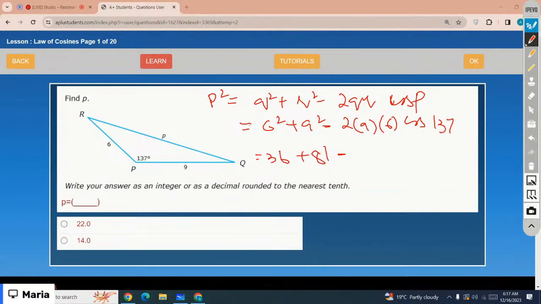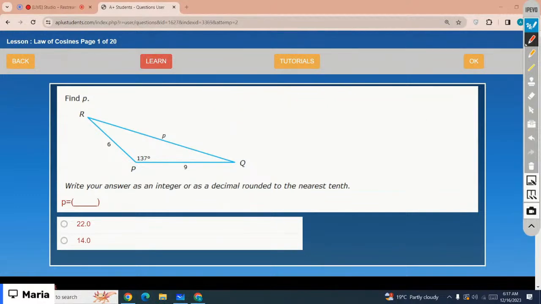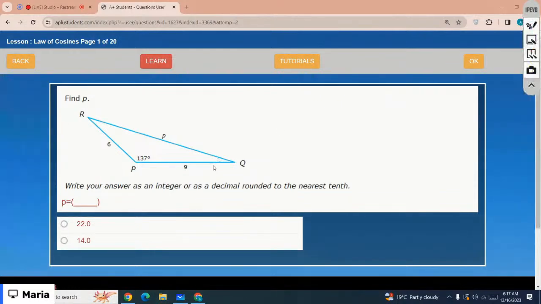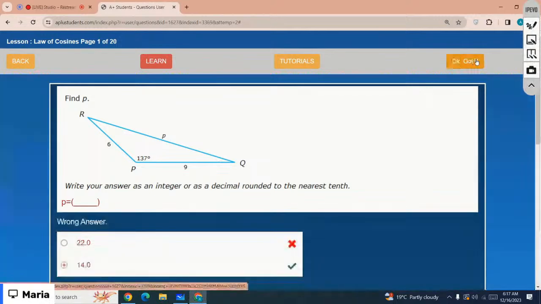Yes, the correct option is 22, right? The correct option is 22. Oh, that is 14.